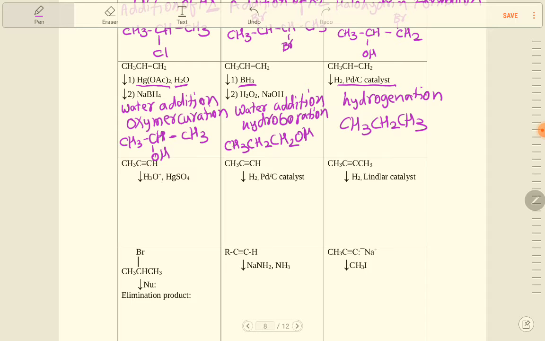Here you need to find out what type of reaction it is, and I'm going to draw the product. CH3, CH3, double bond O. All right, H2 and Pd catalyst, hydrogenation, alkene hydrogenation.